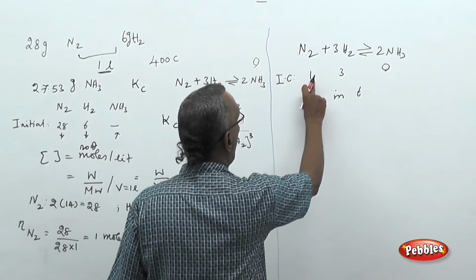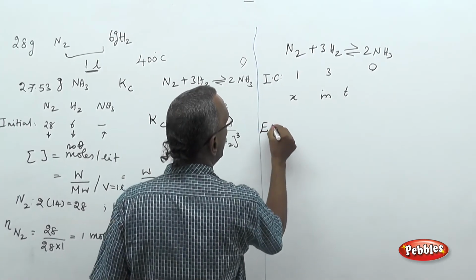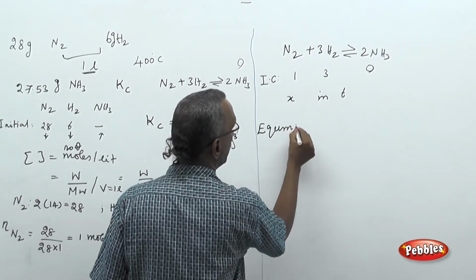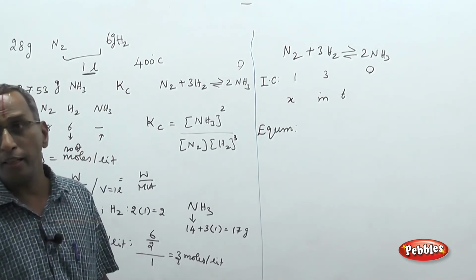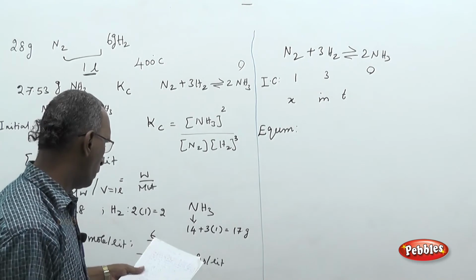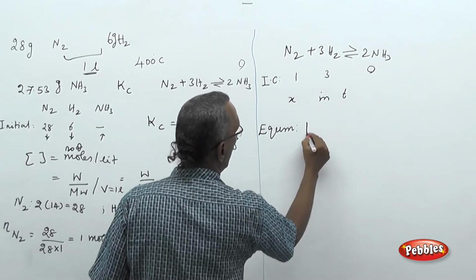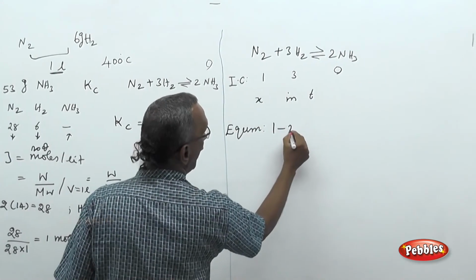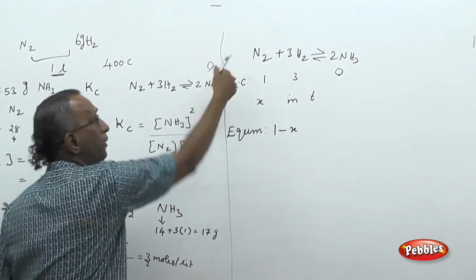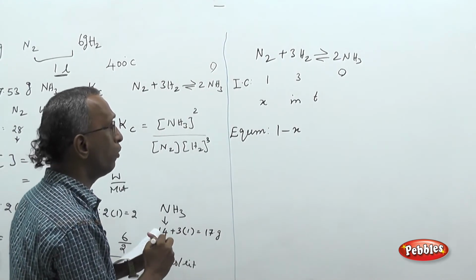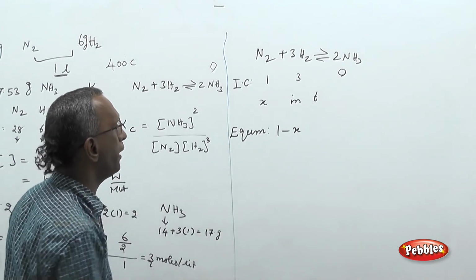So out of 1 mole, X mole has reacted. What is the unreacted concentration? Unreacted concentration is the equilibrium concentration. So unreacted concentration is 1 minus X. 1 is the total concentration as per the stoichiometry, 1 mole, and X is the number of moles reacted.